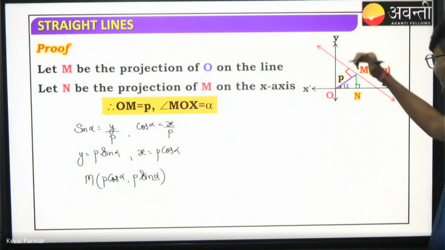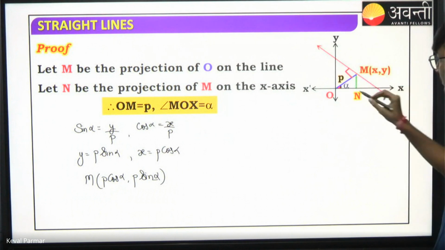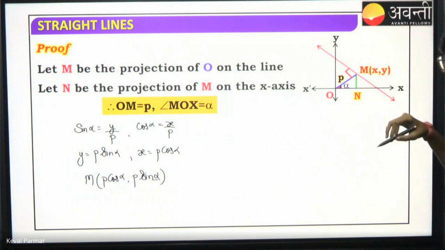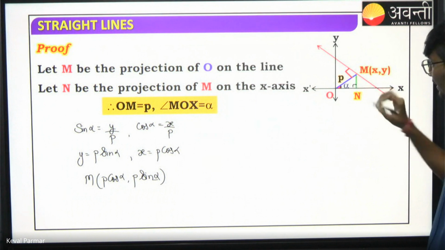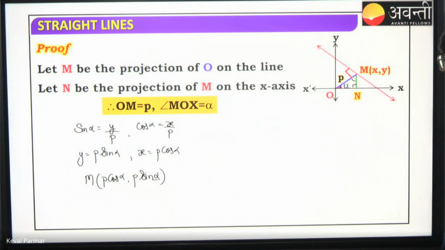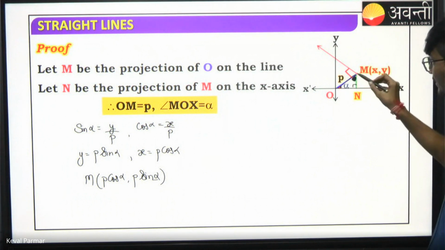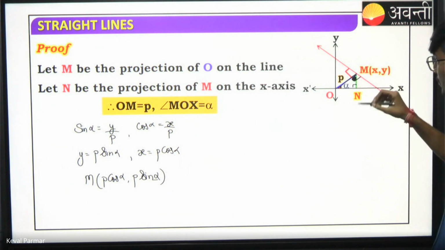That means we need inclination. What can we do, guys? See, this angle is alpha, and this is a 90-degree angle, so this angle will be 90 minus alpha. And if this angle is 90 minus alpha, we know that this is perpendicular, so again this angle will be alpha.